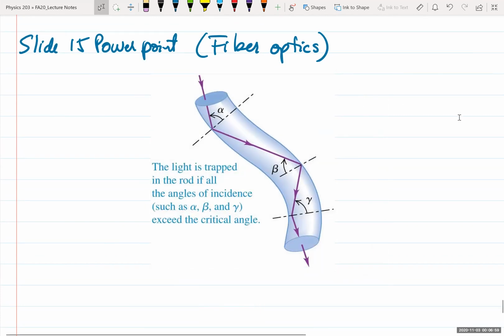Notice how here we have complete reflection at the boundary, nothing escapes. There's no refraction, nothing going from the inside to the outside. When the light beam enters one end of the transparent rod, the light can be totally reflected internally if the index of refraction of the rod is greater than that of the surrounding material, and the light gets trapped inside.